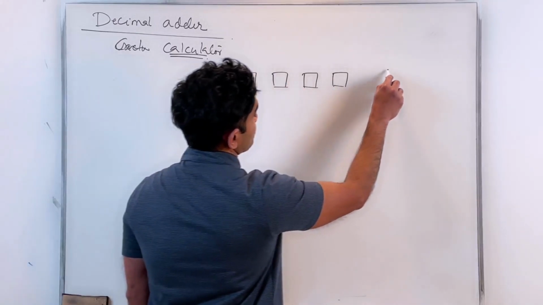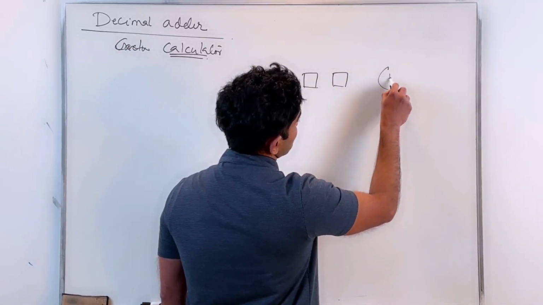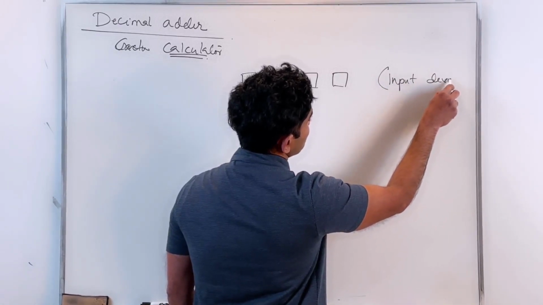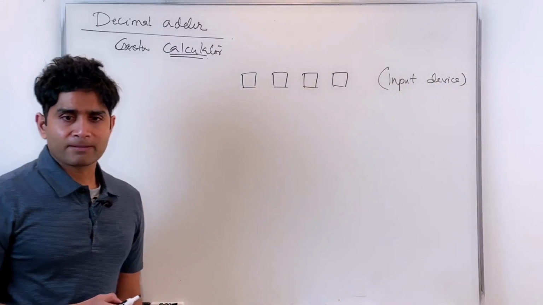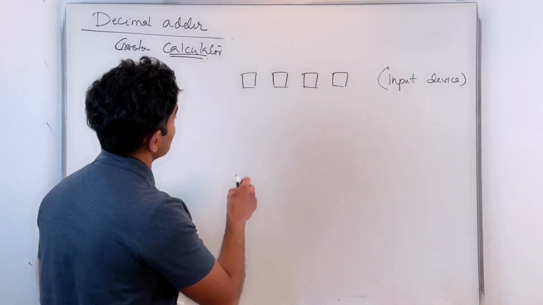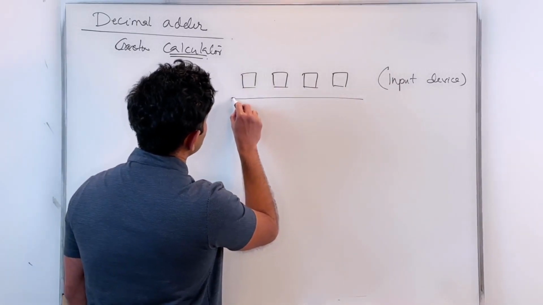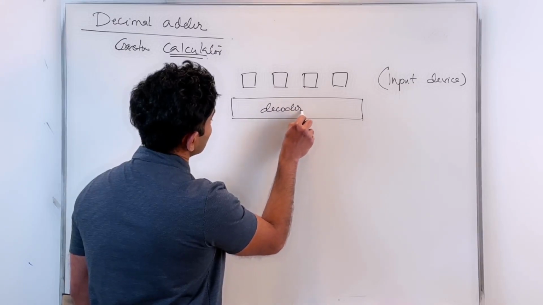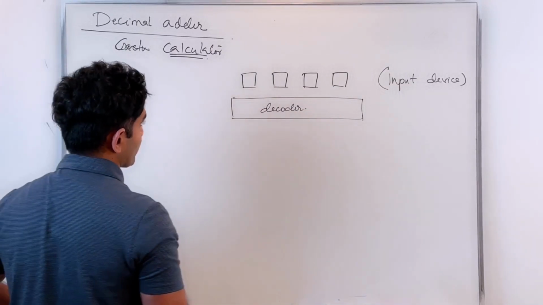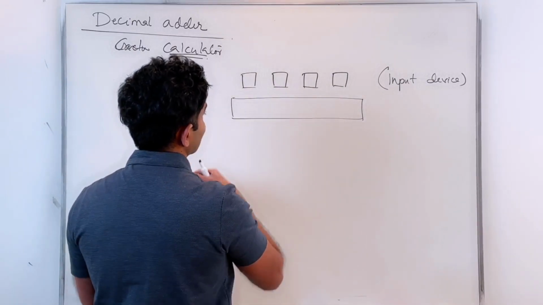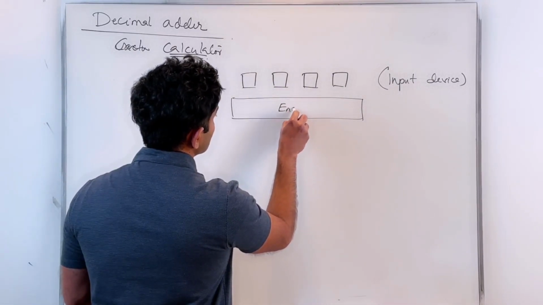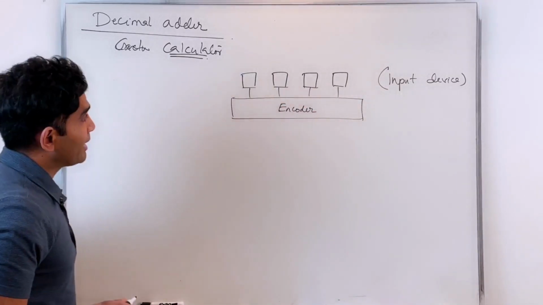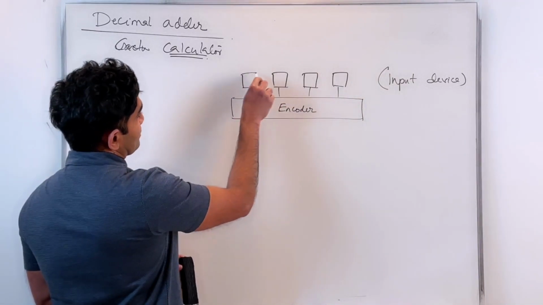Okay, so that's your input device, your keyboard, where you're punching in numbers. Okay, and you need to have some kind of a decoder here, or I would say encoder there. Maybe I can just put that as an encoder. So your buttons are connected to the encoder, and so those are your decimal digits.